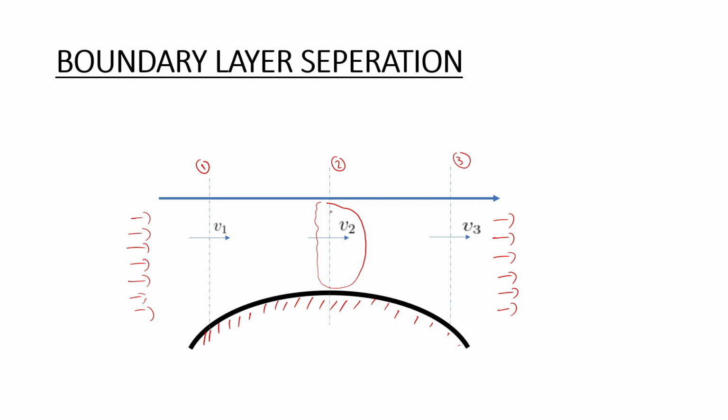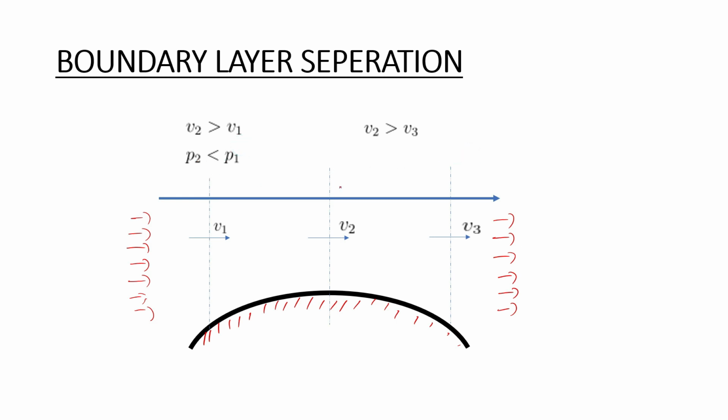So that means v2 is greater, because as the area of cross section reduces, the fluid velocity also increases. That means v2 is greater than v1, and also v2 is greater than v3. This is simply due to the continuity equation. You know that A1 v1 is equal to A2 v2 is equal to A3 v3. So when the area reduces, velocity also increases.